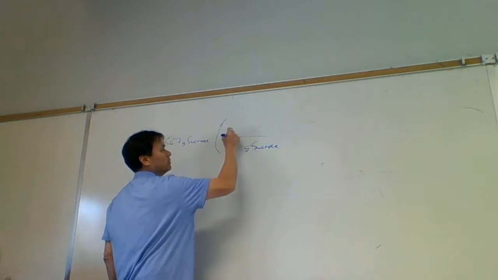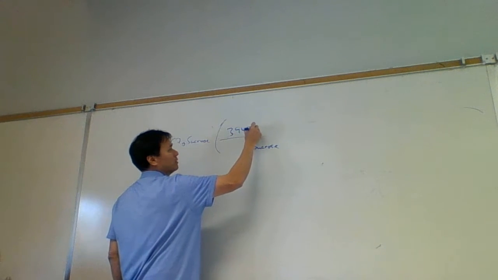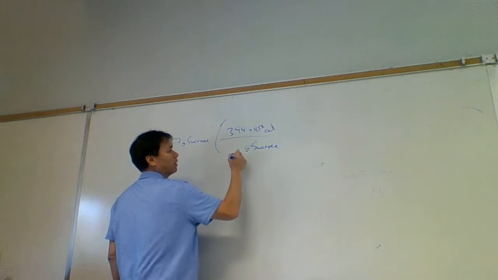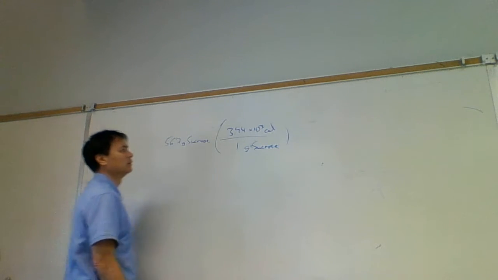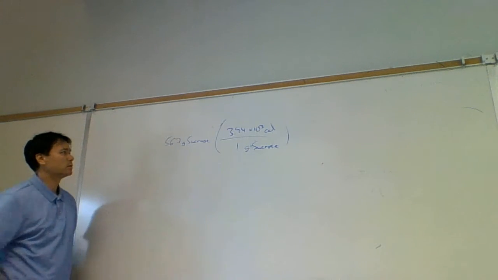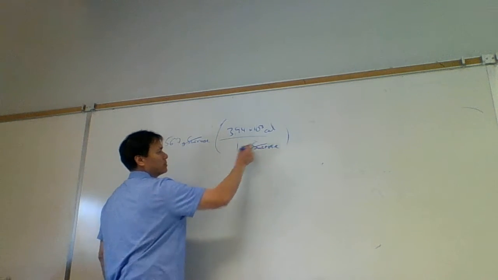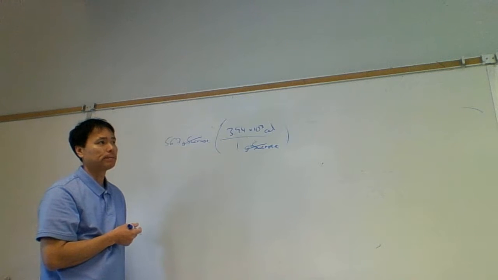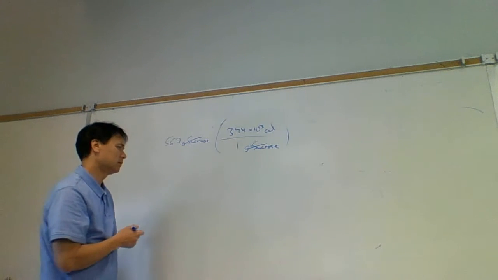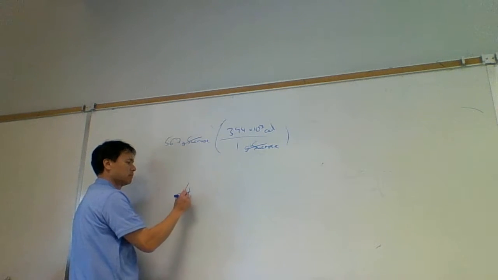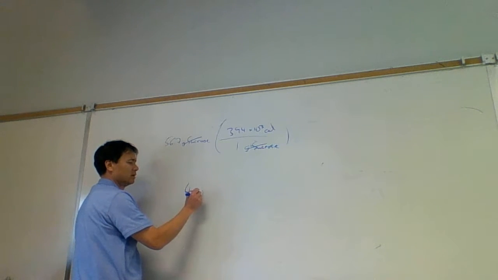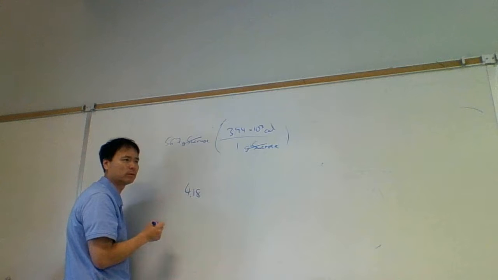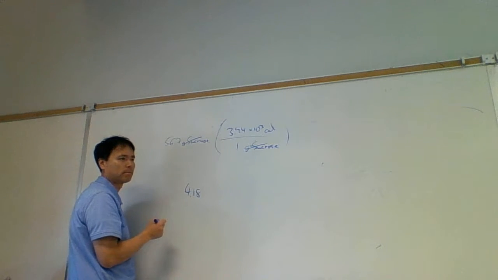And that is, there's going to be 3.94 times 10 to the third calories for every 1 gram of sucrose. So the grams of sucrose would cancel out. And then we need some additional ones, which would be given. You don't necessarily have to memorize it. This is 4.18, actually, or 4.184, depending on what the book does.